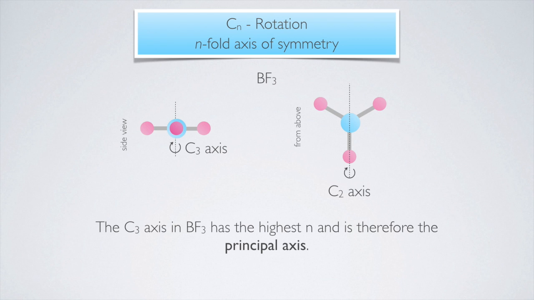And then we also have perpendicular to that a C2 axis along a BF bond which rotates the other two fluorines into each other. So there must be another C2 axis in that direction and a third one along there. So we've got a C3 axis as the principal axis and three C2 axes perpendicular to that.